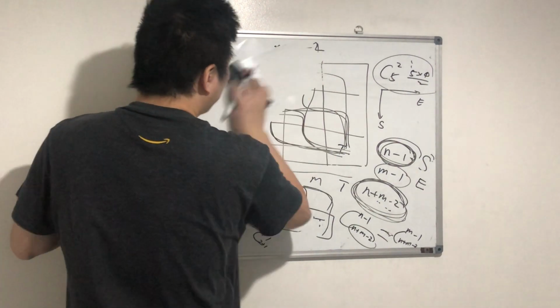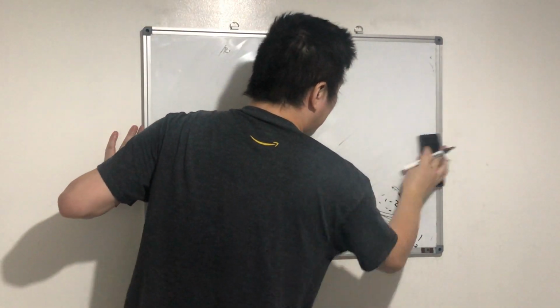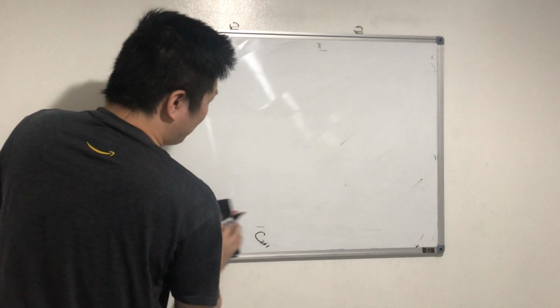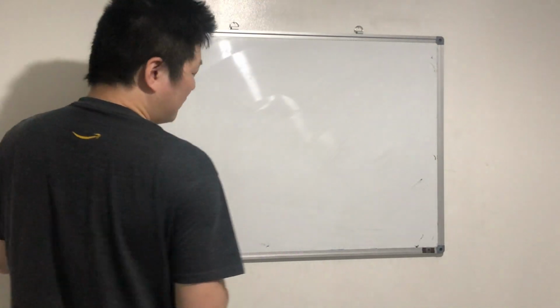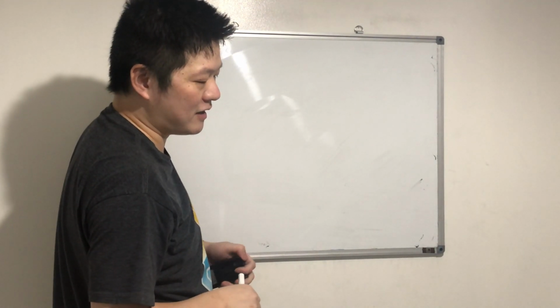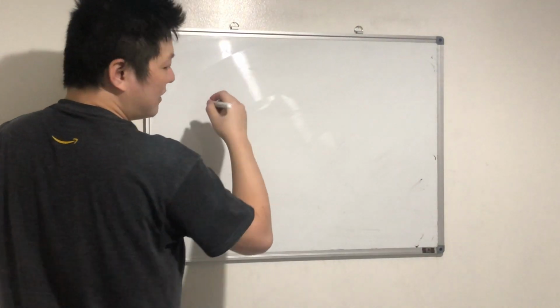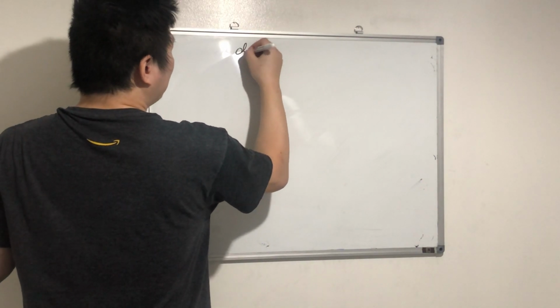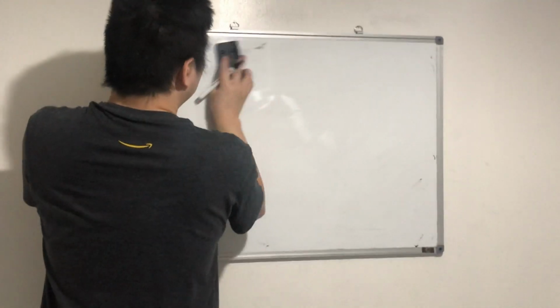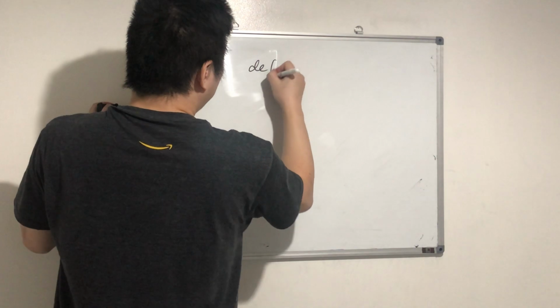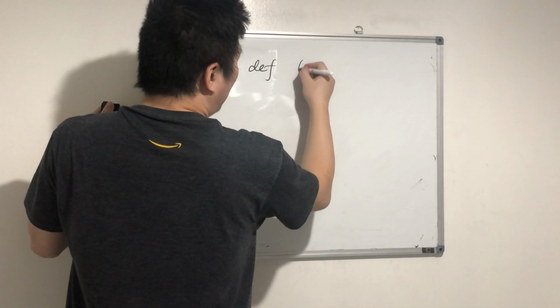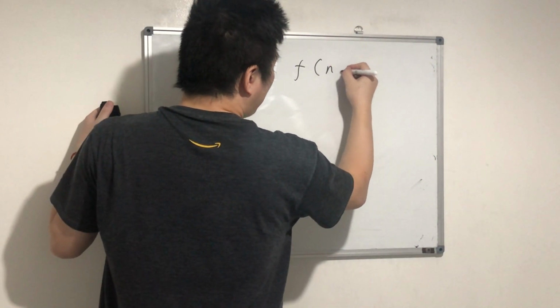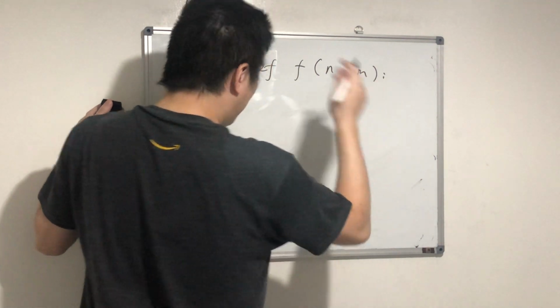Okay, so look, this is the mathematical way of doing this. So how can we calculate it? Remember? Look, Eric. Let's write it here. Define f(n, m).